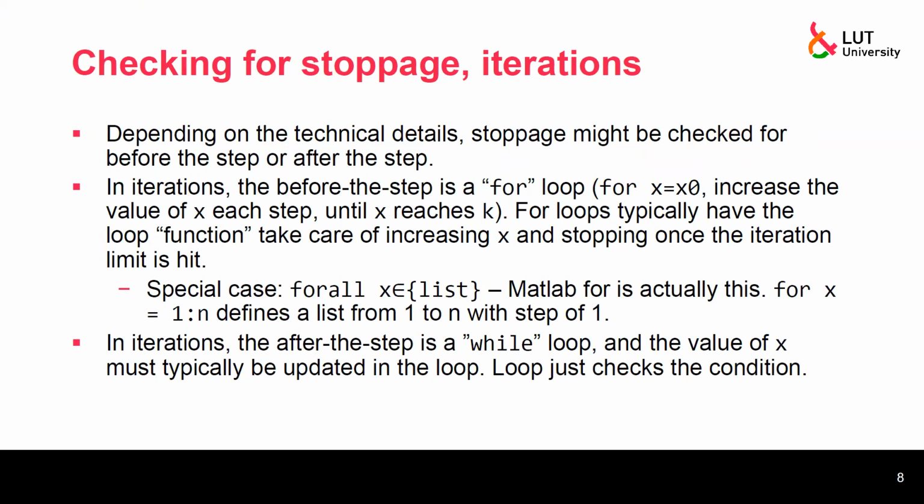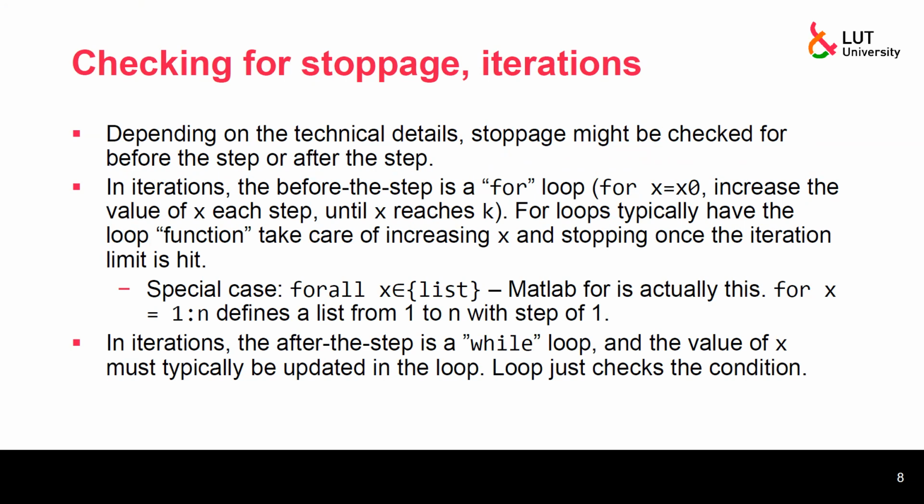Taking stoppage in iterations, typically, if we have a for loop, which means that for some values, increase the value of each step until it reaches k, or a for each type loop, which is in MATLAB, where we have a list of values and go through those lists.